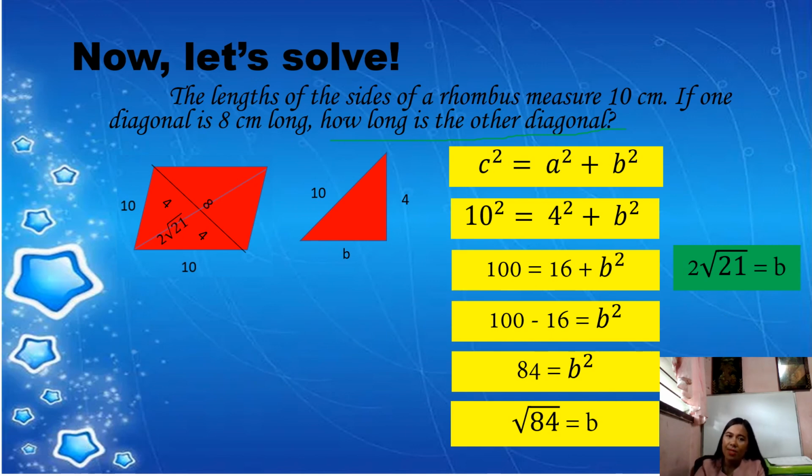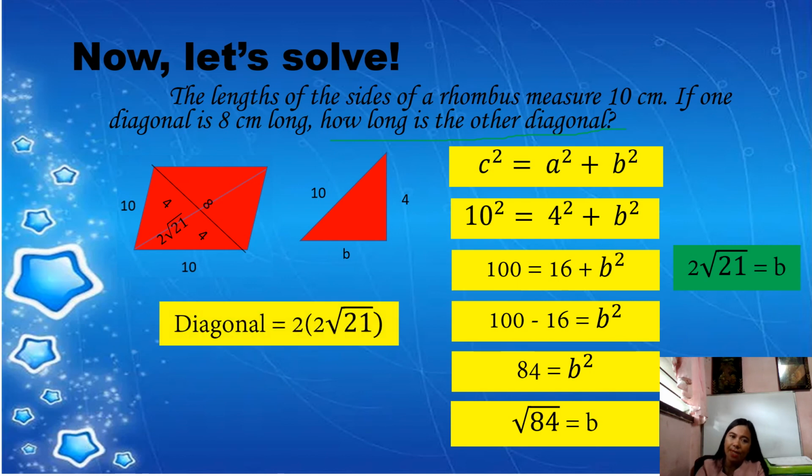So the measure of the diagonal will be 2 times the value for b, which is 2 square root of 21. Now, with radicals, all we need is just to multiply outside our coefficients. So we have 2 times 2 is 4. So the final answer is 4 square root of 21. Problem solved.